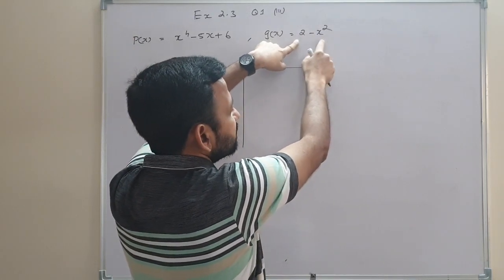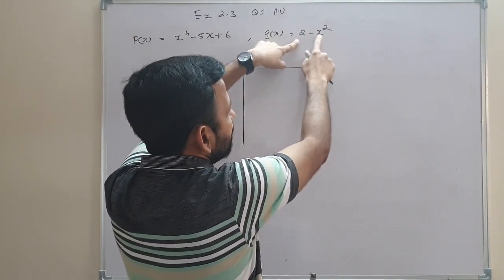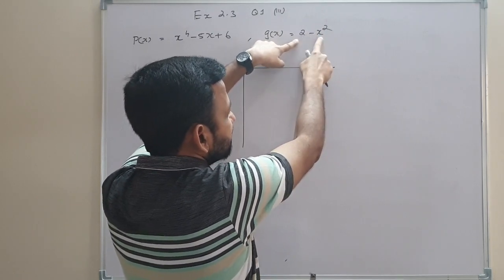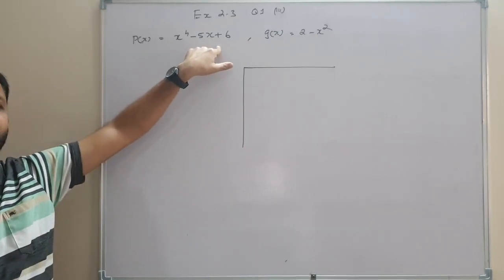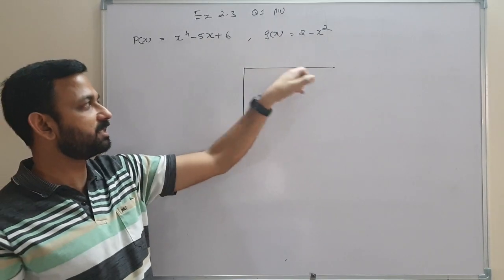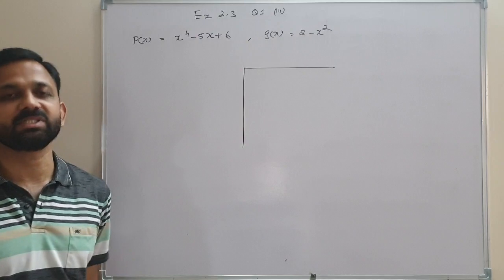This is not in decreasing order, so we need to change the order of the terms. We will write minus x square plus 2 here. The dividend is already in the same order. So that is the first condition: decreasing order of the powers in both expressions.